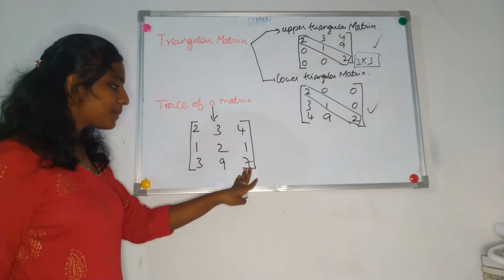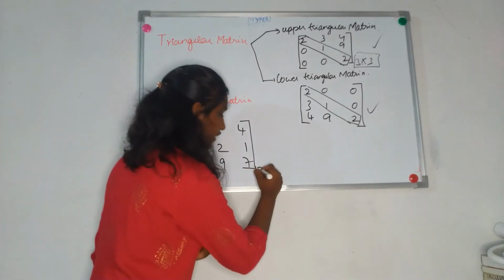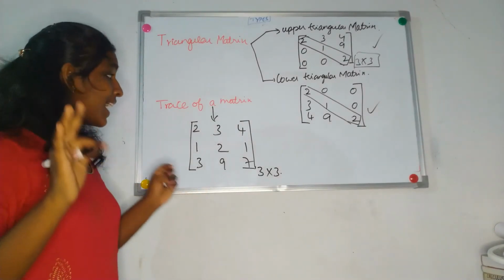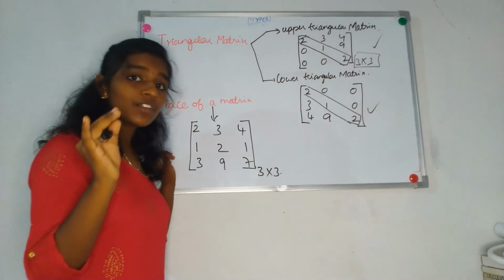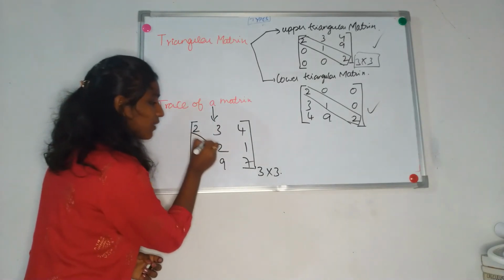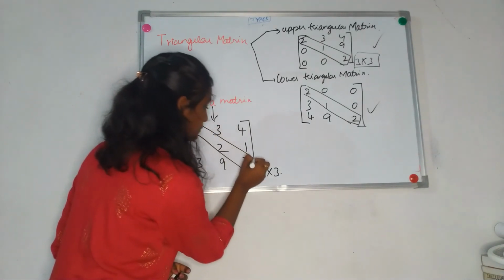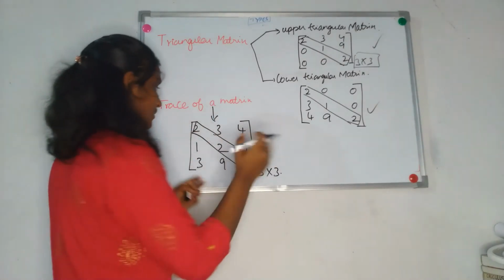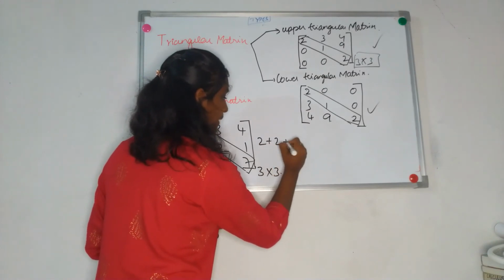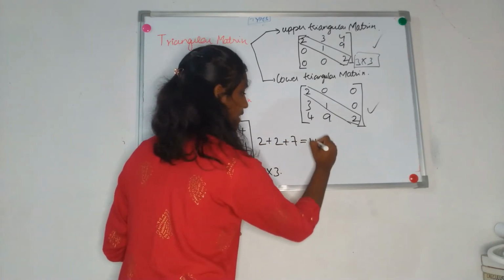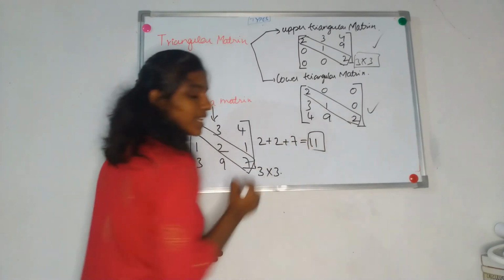So this is a matrix which is of order 3 into 3, and we can find the trace of a matrix only for a square matrix. Remember that. In that we are going to take the diagonal, and if we add all these diagonal elements, that is 2 plus 2 plus 7, what would this give me? 2 plus 2 is 4, 4 plus 7 is 11. So 11 will be the trace of the matrix.